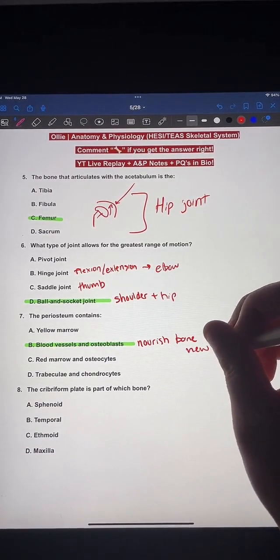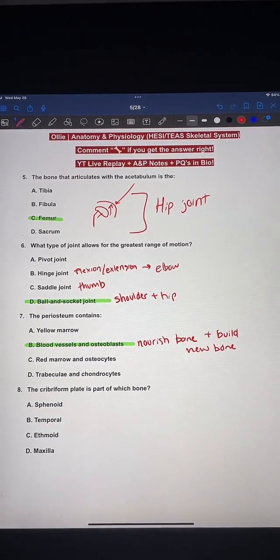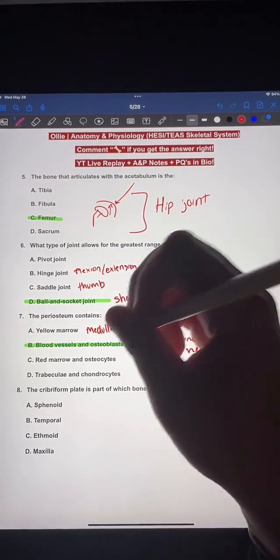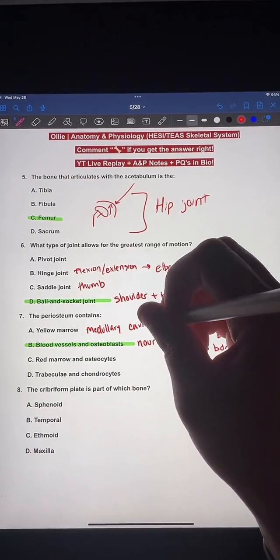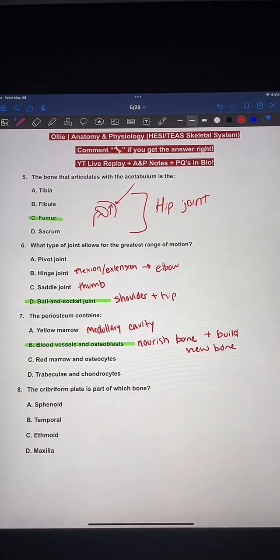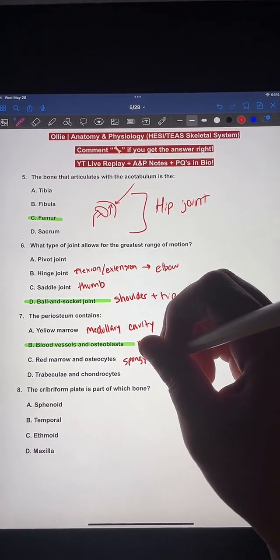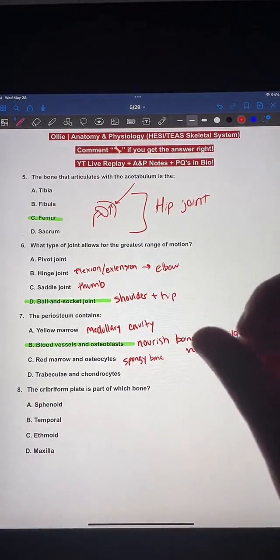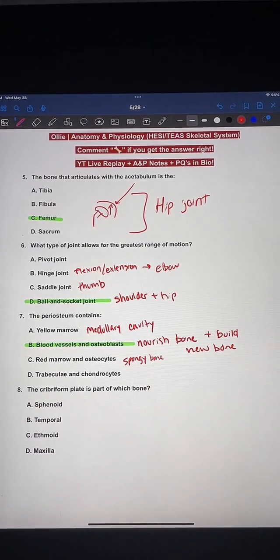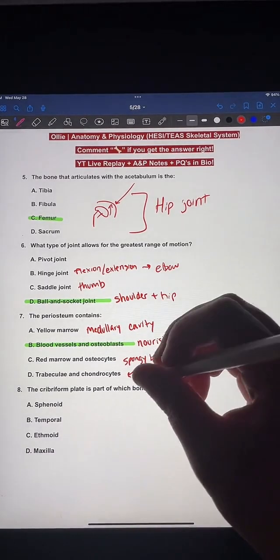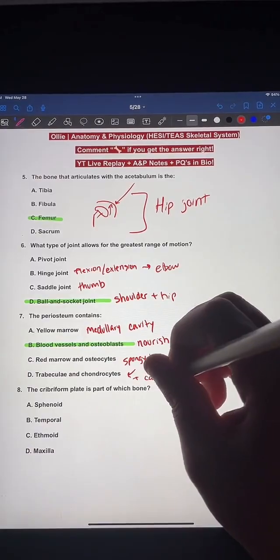The yellow marrow is in the medullary cavity, not the periosteum. Red marrow and osteocytes are particularly in the spongy bone and the lacunae, respectively. And the trabeculae and the chondrocytes are in the spongy bone as well, plus cartilage.